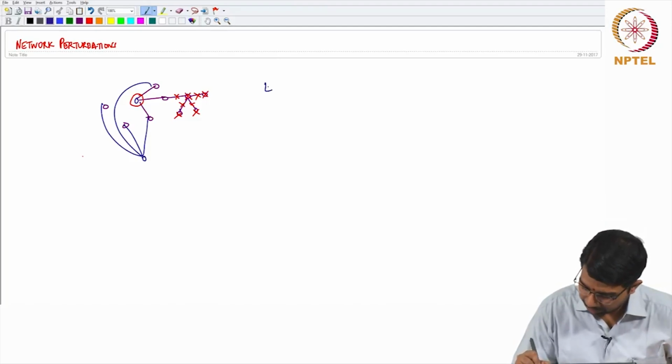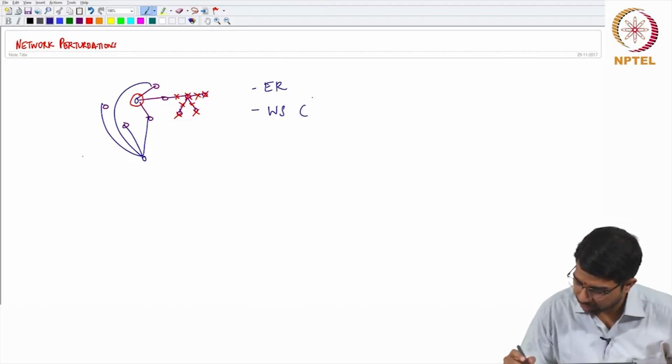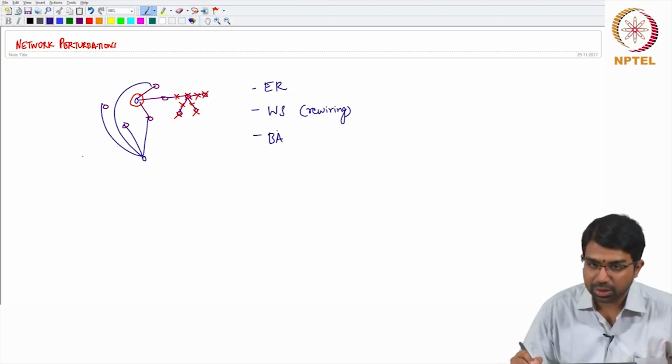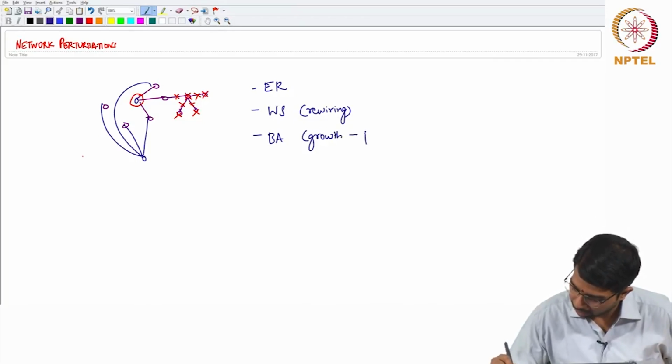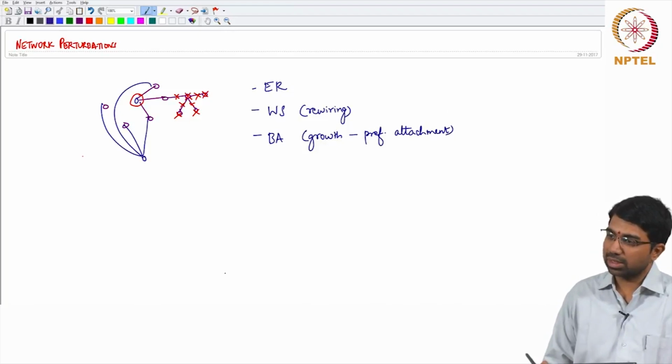We studied ER networks, then we studied WS networks, which had some rewiring, then we studied Barabasi-Albert networks, which had growth by preferential attachment. There are other models that we have not studied.